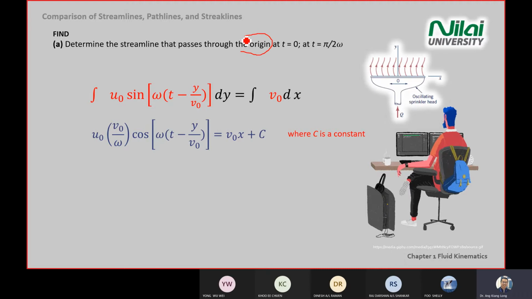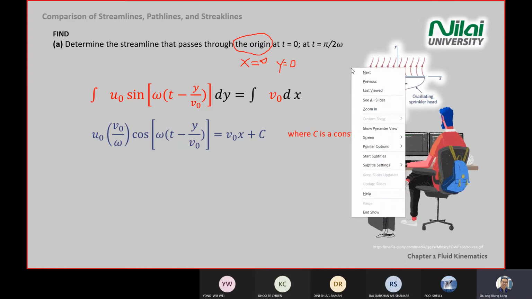The question already gave you hints at origin. Once you substitute the origin coordinate, Cartesian coordinate, you're able to solve C, which is in this equation. The origin coordinate will be 0 for your x and y. X0, Y0. This means you substitute x0, y0 in this equation.